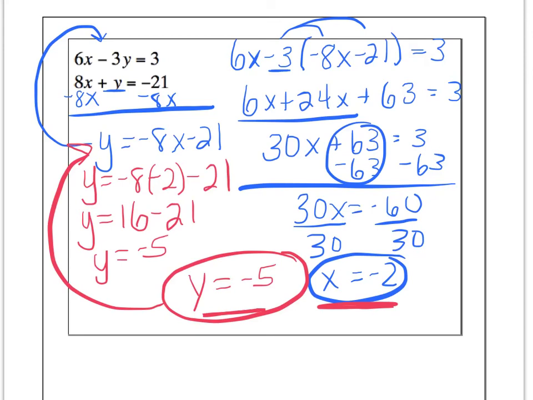So I'm going to take 6 times our x, which was negative 2, minus 3 times our y, which was negative 5, and that should equal 3. So we've got negative 12 minus negative 15, or plus 15, equals 3, and it does check out, and that should be the case for all of them.